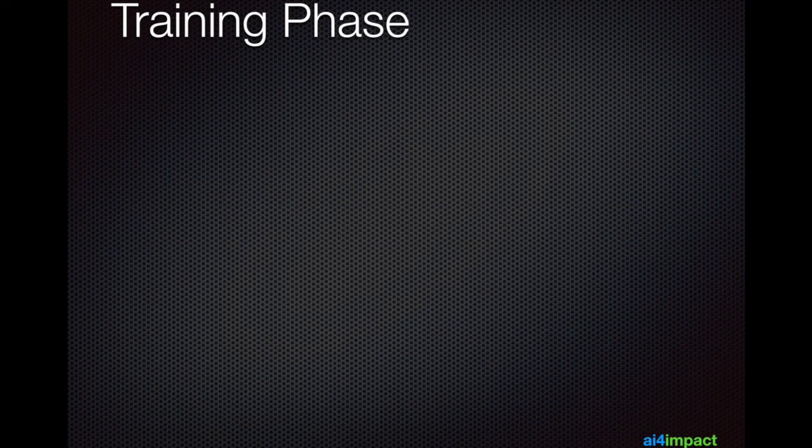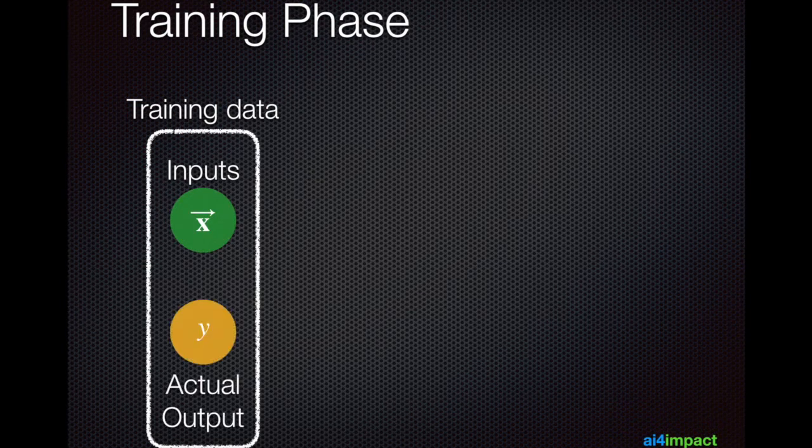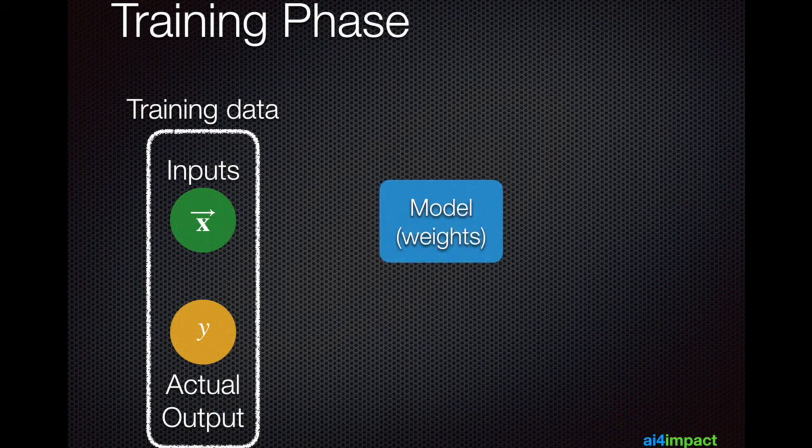There are two phases, obviously. In the training phase, we have some training data, and these consist of the inputs X and the actual output Y. Of course, there will be many such inputs and outputs, each corresponding to a single window in time. Our neural network model is essentially a collection of weights, which are just numbers.